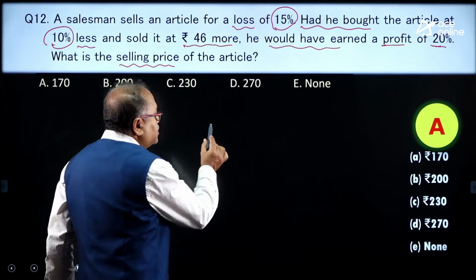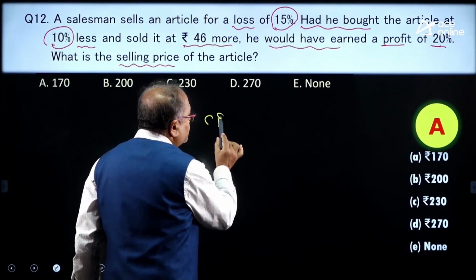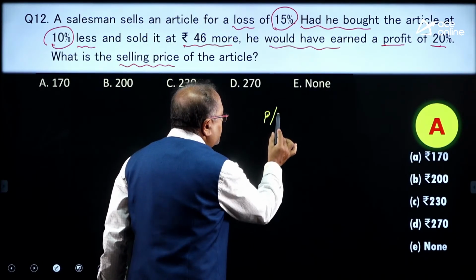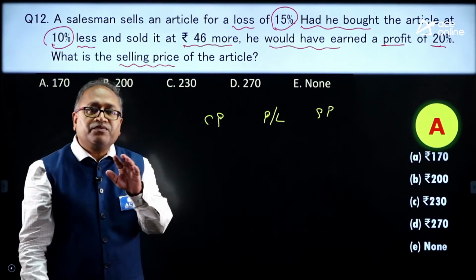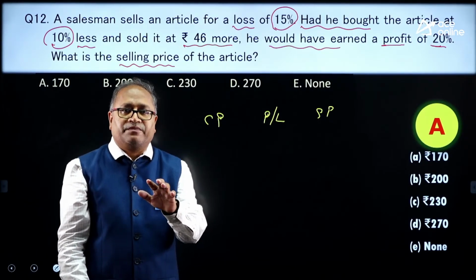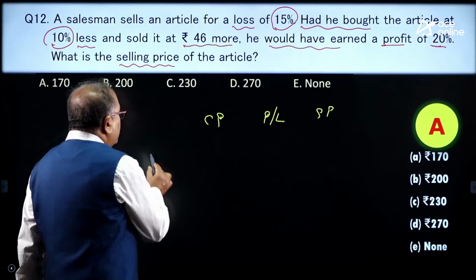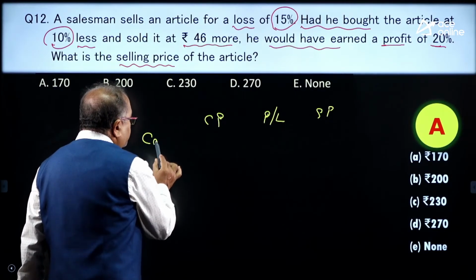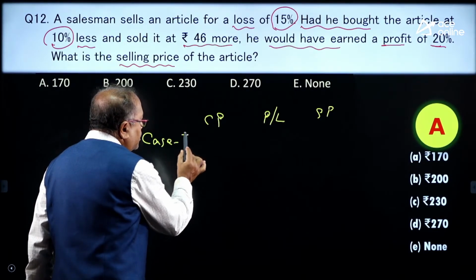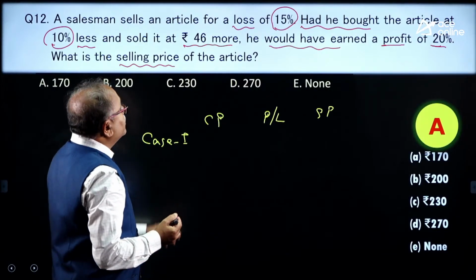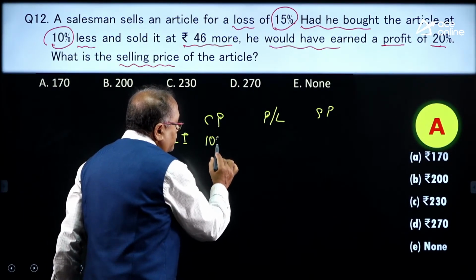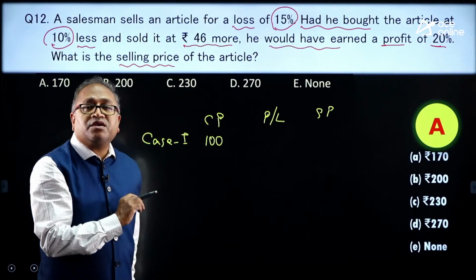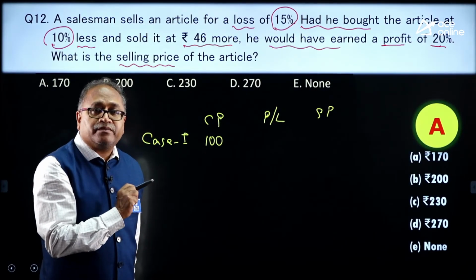Now, salesman, let us take the cost price, the profit or loss, and the selling price. This type of question very frequently comes in the exam. So, here let us say case 1, I am just writing in a detailed manner. In case 1, if the cost price is 100, should I take 100 or 100x?